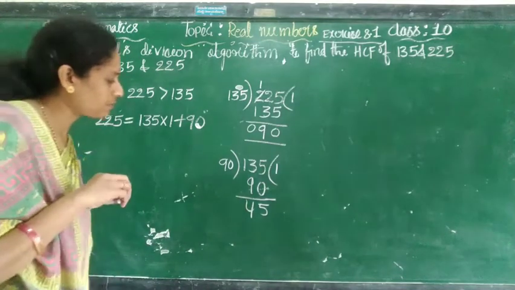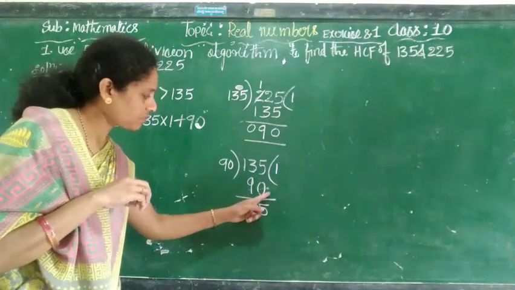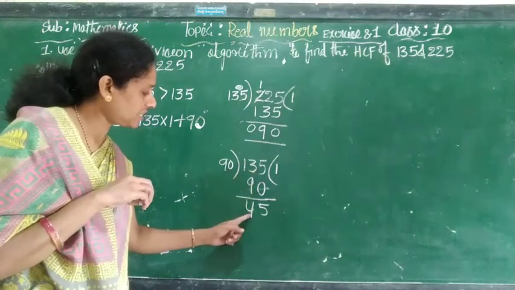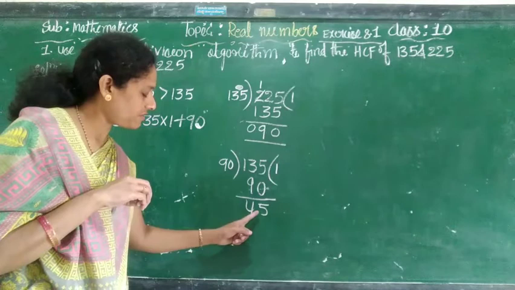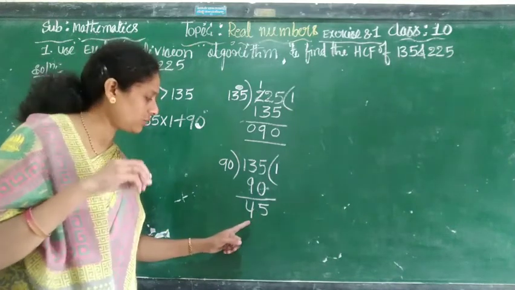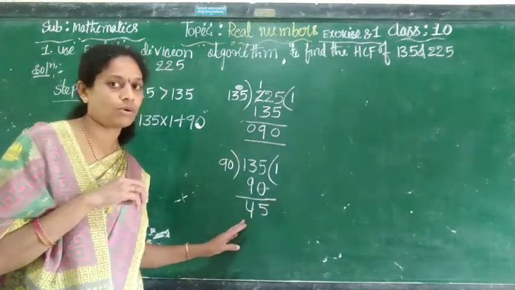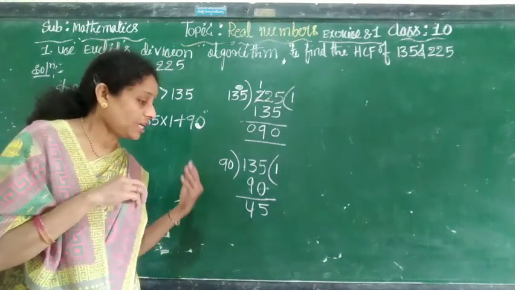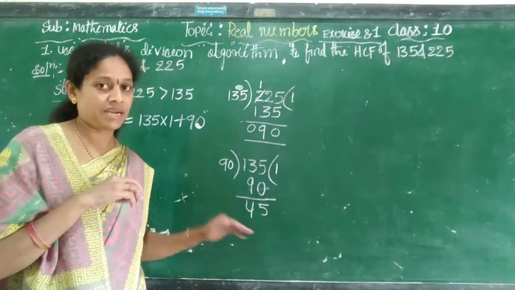So finally 90 is subtracted in 135, we get the answer 45. 45 is the remainder. Dear students, will the remainder be 0? No, the remainder is not 0. So continue the process until the remainder is 0.